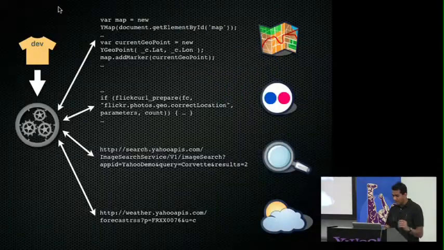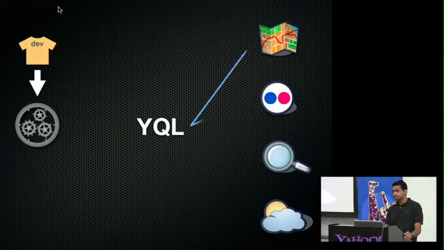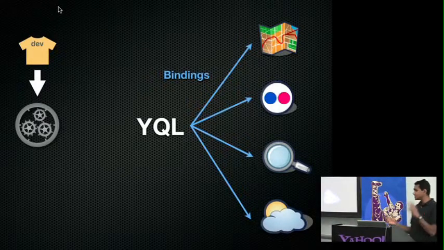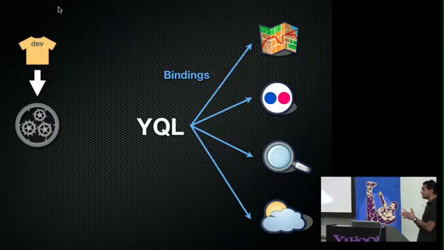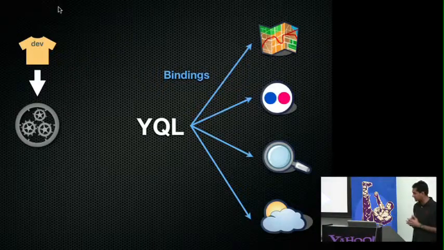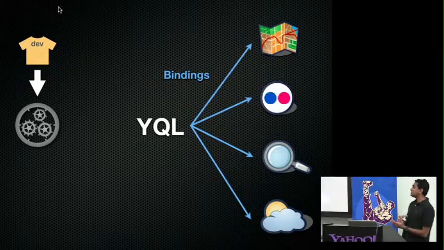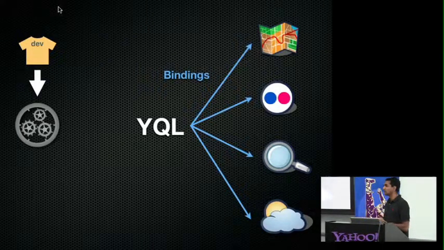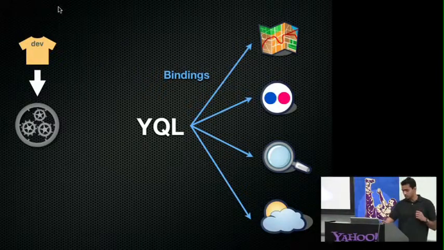When YQL steps into this picture, YQL binds to the various tables. Once you build a binding for a particular table, maybe it's done by one of us, others can make use of it without having to read the documentation over and over again.